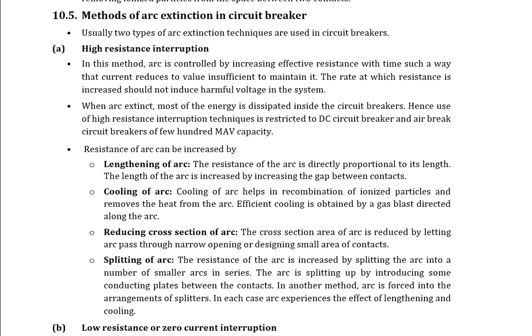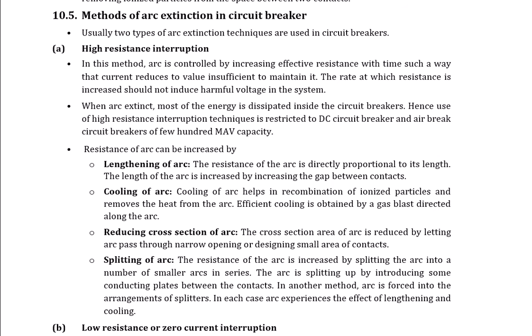When the arc is extinguished, most of the energy is dissipated inside the circuit breaker, and hence use of high resistance interruption technique is restricted to DC circuit breakers and air blast circuit breakers of a few hundred MVA capacity.